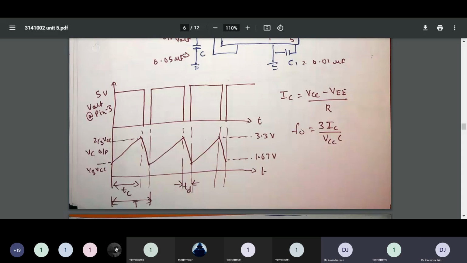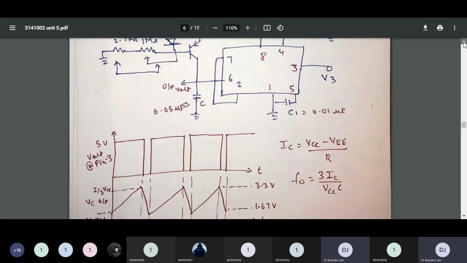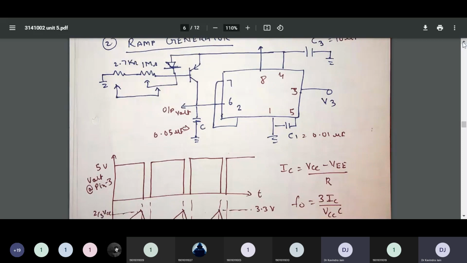Yes, sir. Okay. So according to the given circuit of ramp generator, RA and RB are replaced by a current mirror. I repeat, RA and RB are replaced by a current mirror. C starts charging towards VCC at a very constant rate.